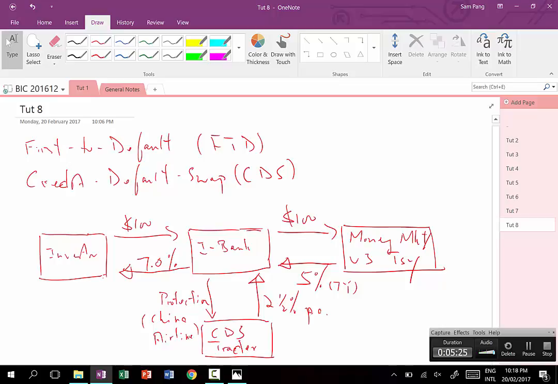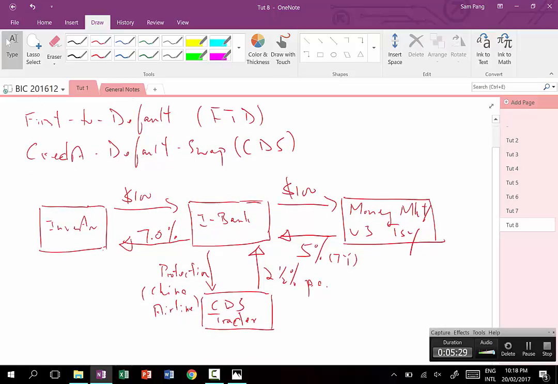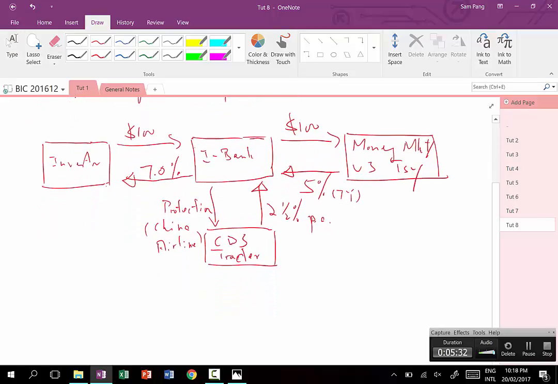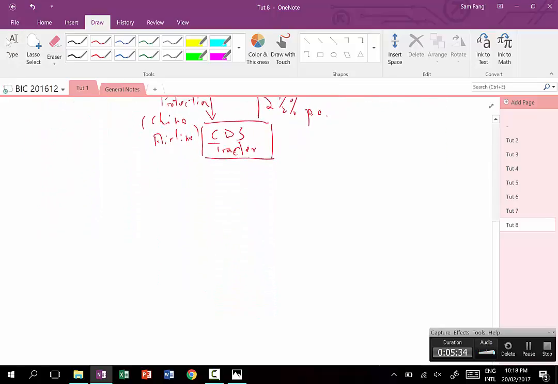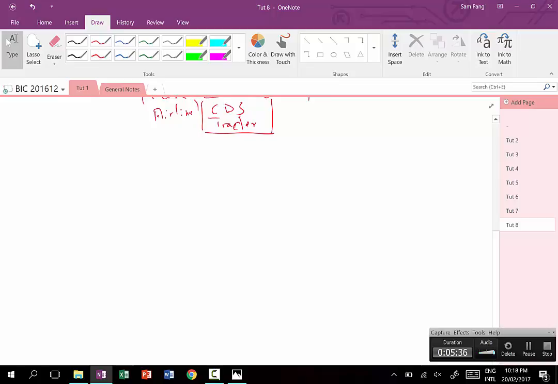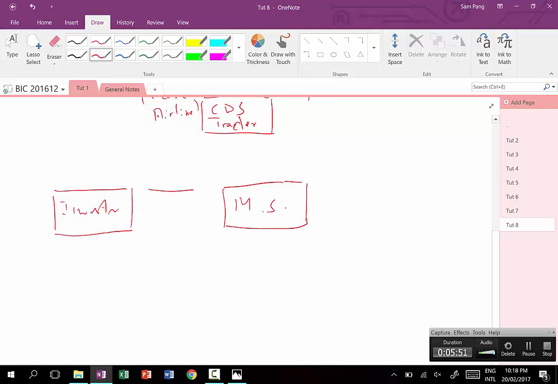Now if you understand a CDS, I can now explain to you the FTD, which is actually fairly similar. It's similar in that the investor is still giving the iBank, so let's say Morgan Stanley, $100.